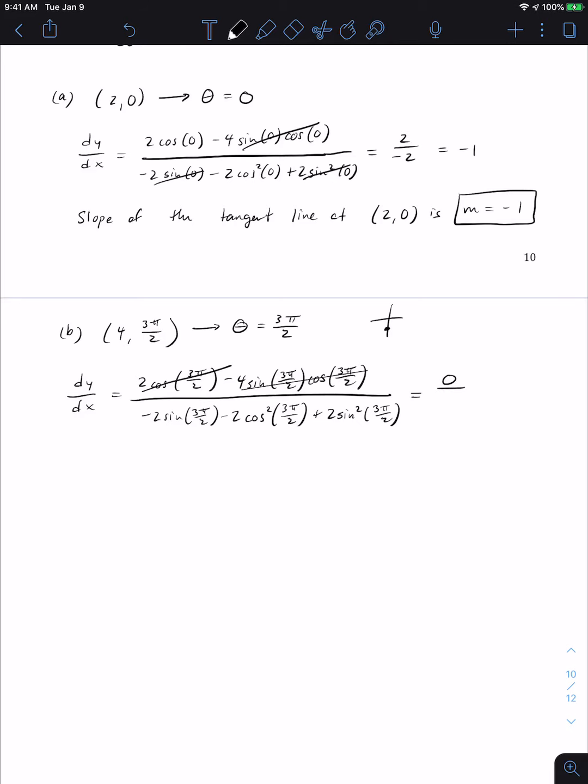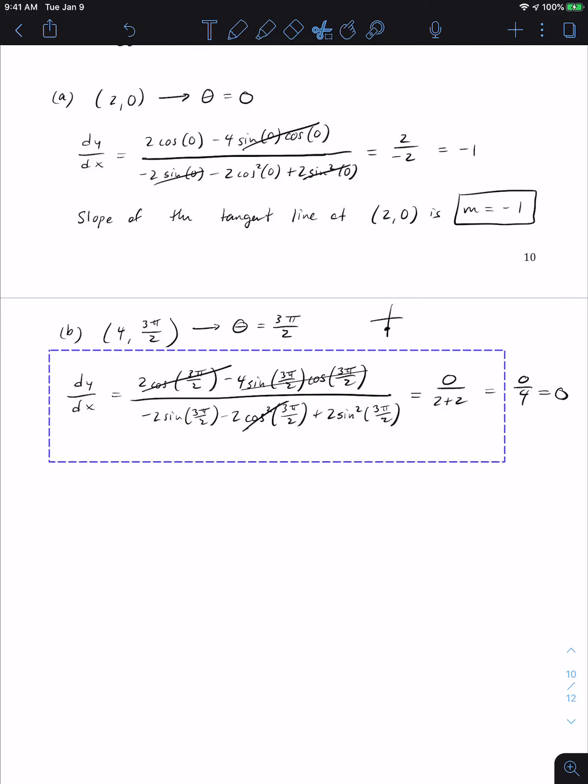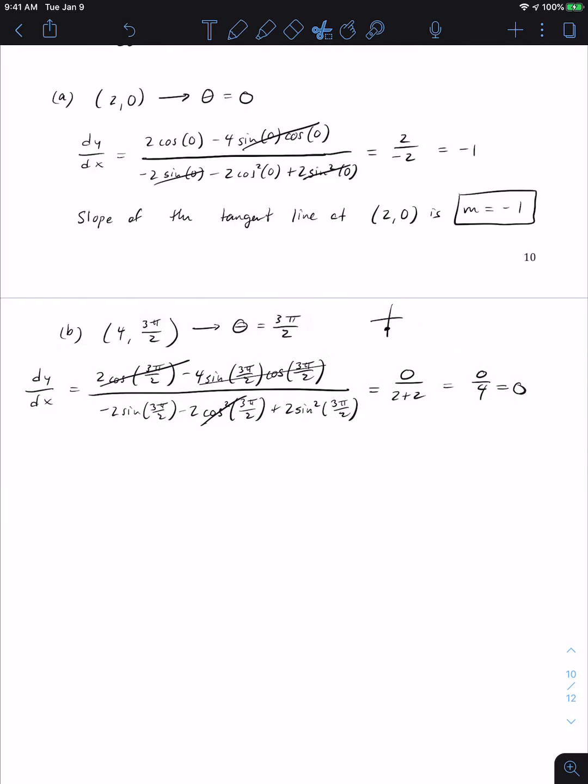My denominator, it doesn't really matter what it is. In this case, this goes to 0, so it ends up being positive 2 here, and then I end up getting 2 plus 2. So this ends up being 0 over 4, which is just 0. I was right to check the denominator, because if it was 0 over 0, that'd be something different.